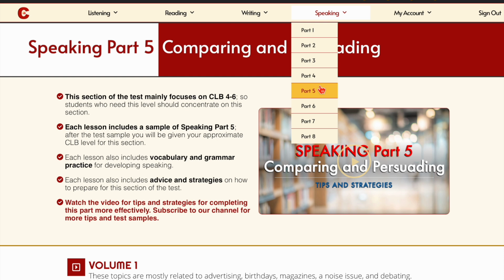Now, for higher levels, what does it mean that this part is more for lower levels? Well, it means that higher levels can't really demonstrate, or the complexity of the question is not as difficult as part 1, 6, or 7.